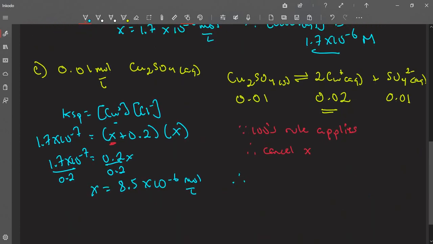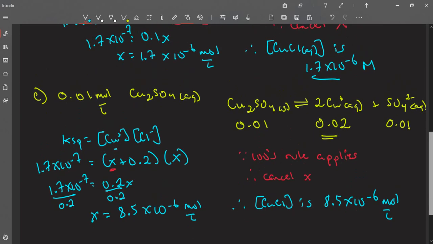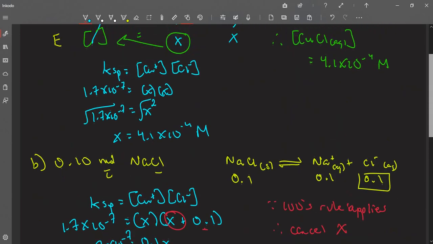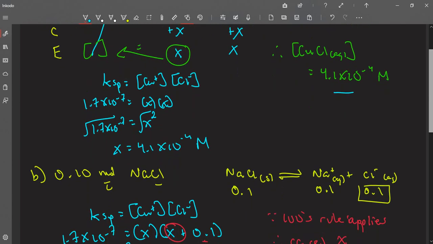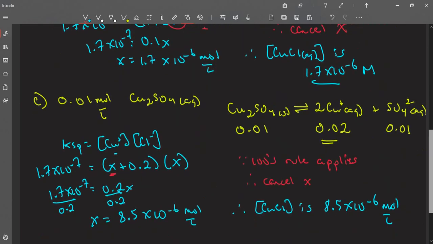So therefore, the concentration of copper 1 chloride is 8.5 times 10 to the negative 6 moles per liter, or big M. Again, just to double check your work, 8.5 times 10 to the negative 6 is lower than it was when it was just in water. So that should make sense because it has a common ion.